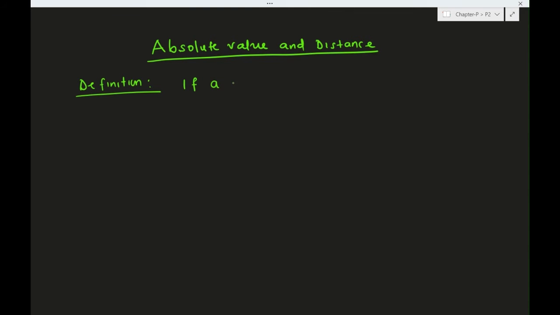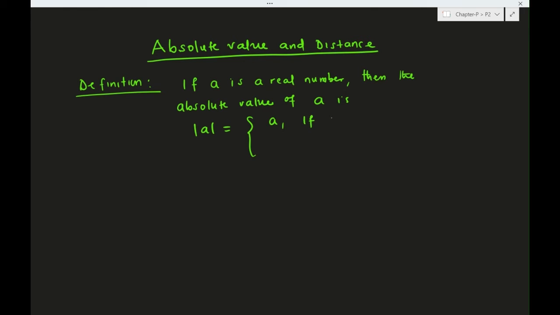It says if A is a real number, then the absolute value of A is simply given by this: it equals A if A is positive or 0, or it is minus A if A is less than 0.